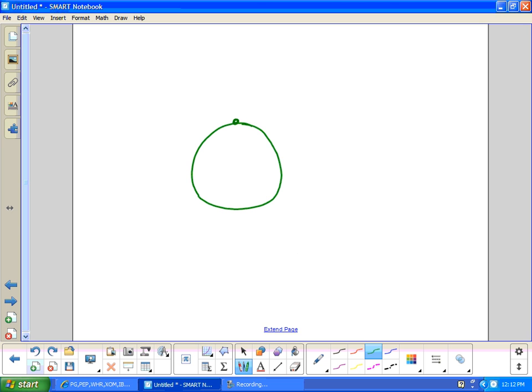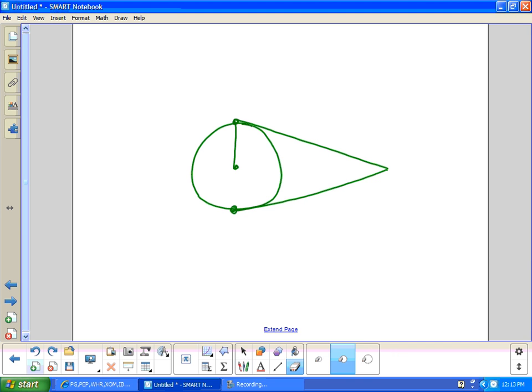One of the classic problems is this. Those lines touch once, and we know then, this is not too well to scale, so I'll fix it a little bit, that these will meet at 90 degrees.